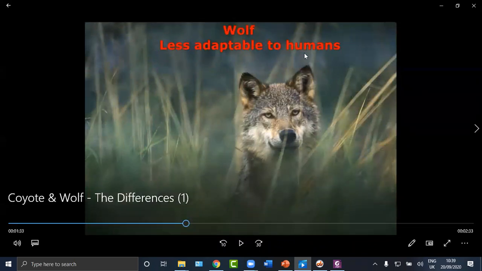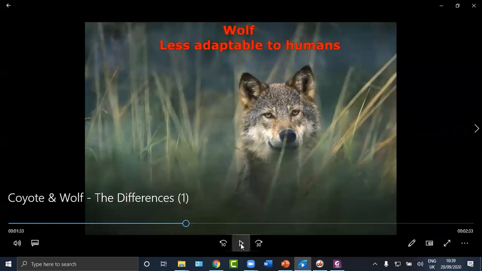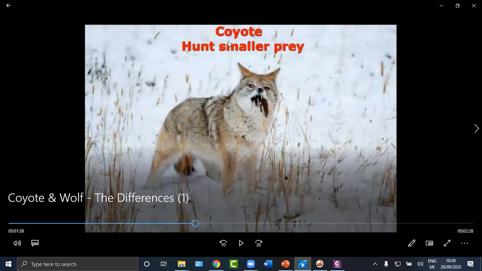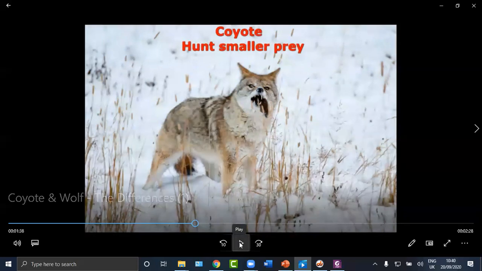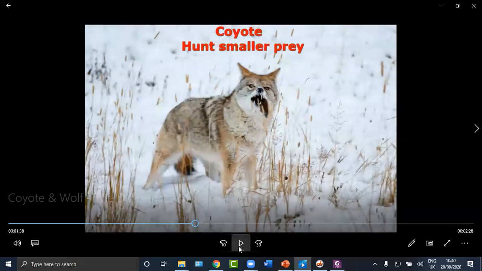Wolves are less adaptable to humans. Coyotes hunt smaller prey. The difference between smaller prey and big prey: smaller prey has the largest reward.